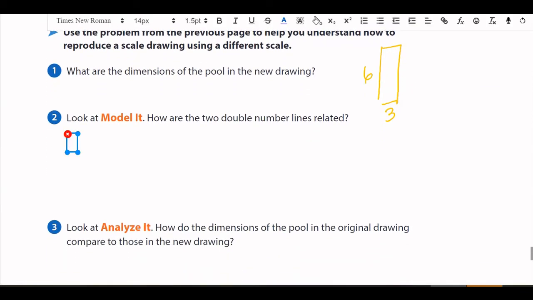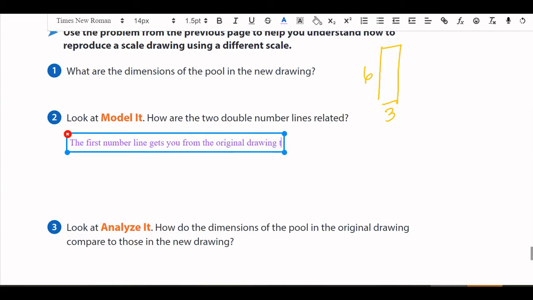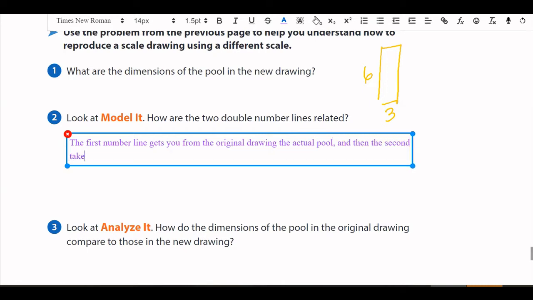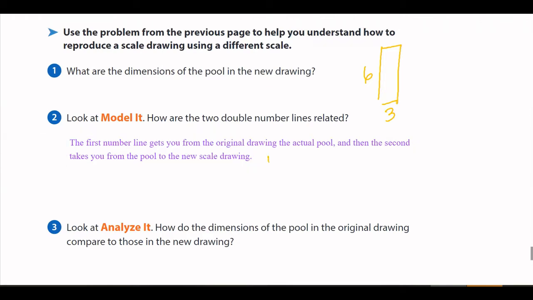I would say the first one takes you from the original drawing to the actual pool, and then the second takes you from the pool to the new scale drawing. That'll do. In fact, I like that so much. You get the smiley face.